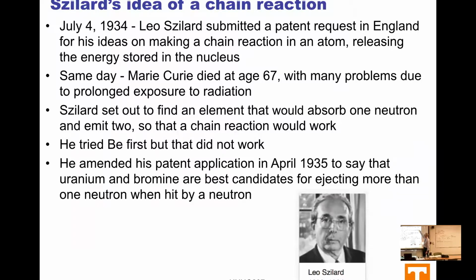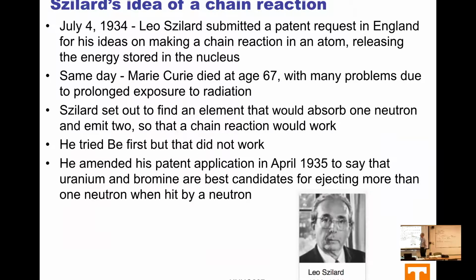And in 1934, he requested a patent on the idea that you might be able to chain reaction to release the energy of the atom. That if you could find an element that would absorb one neutron and emit two neutrons in the process in one of these nuclear reactions, like Joliot-Curie or Fermi was working on, then you would multiply neutrons, absorb one and emit two.